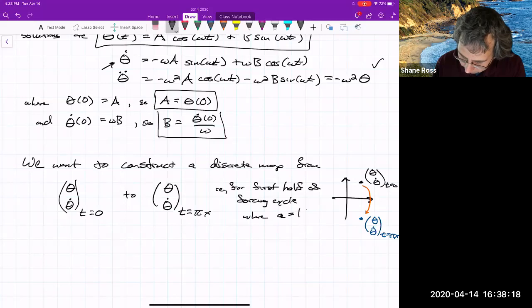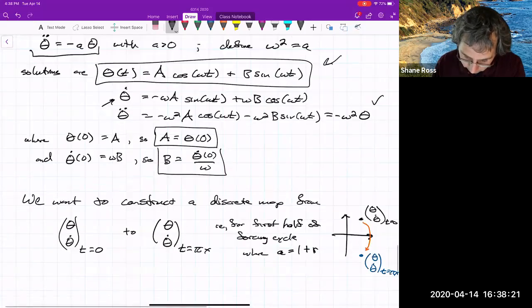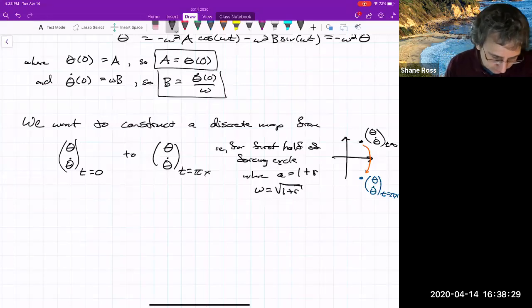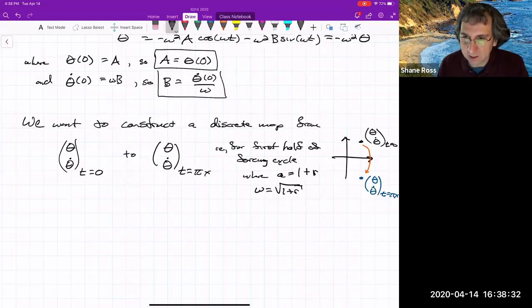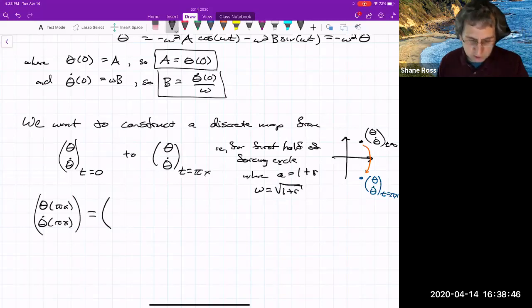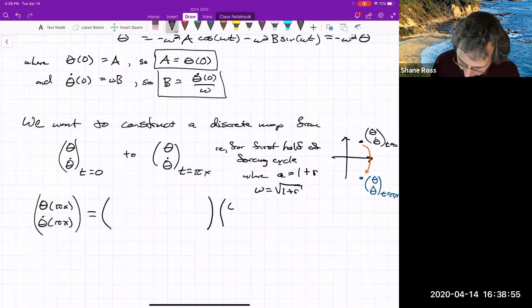Where remember A equals 1 plus R, given what we've written up above. So that means omega is square root 1 plus R. And we can write the analytical solution using what we've got up above. So theta pi x, theta dot pi x equals, and we're going to write it as a 2x2 matrix times the initial condition.